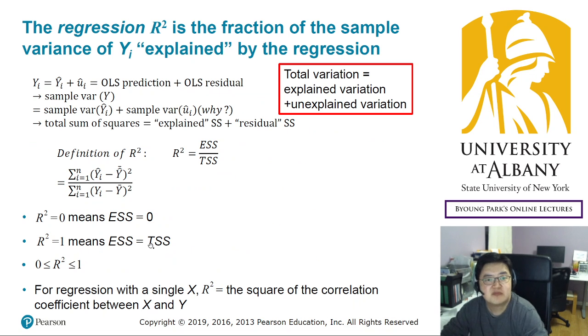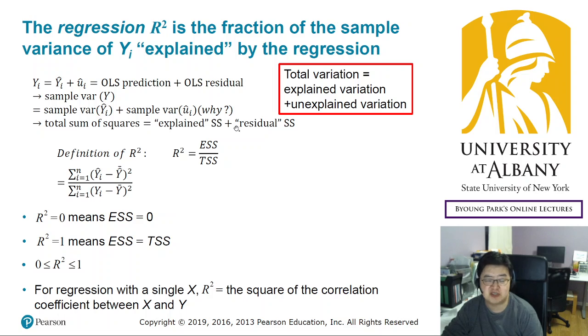Then mathematically you can derive something like this. Total variation can be decomposed into explained variation plus unexplained variation, where explained variation means the variation in your prediction, but unexplained variation is the variation in your residual. So this is the definition.